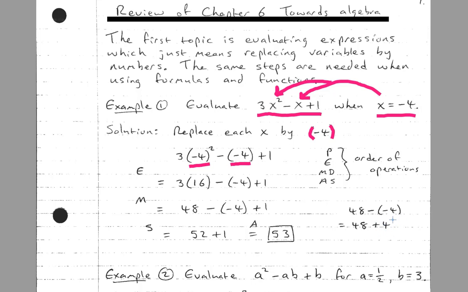The opposite of -4 is 4. So here we're getting 52, and then the last addition, 53. So the answer is 53. So this whole expression evaluated to 53 when x is -4. If you put in a different number for x, you'll get a different answer.